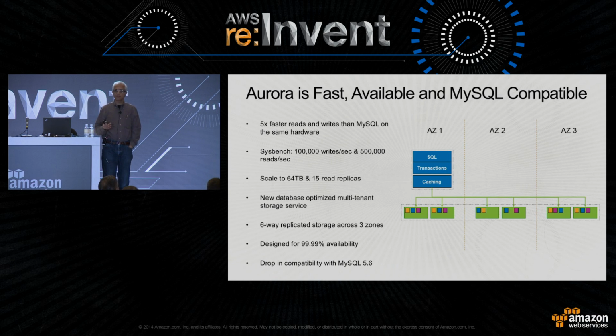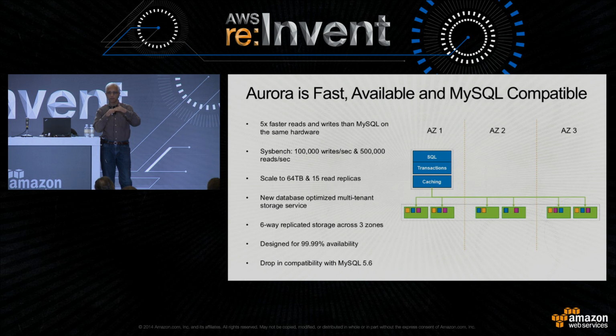The way we achieve this is something that Anurag talked about in a little bit of detail. We not only have innovated in the MySQL engine, we've also purpose-built a completely different virtualized storage layer which is designed for database workloads. Essentially what we have done is we've taken the lower half of the database engine, which tends to do the sorts of things that modern virtualized storage services do, and tightly coupled them.